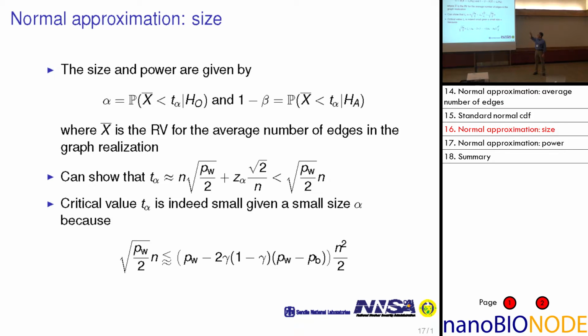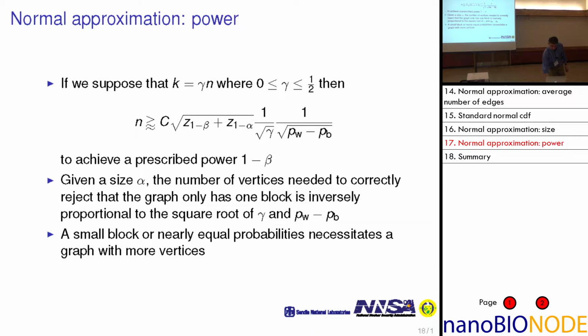How small does that mean have to be before I understand what the size is? This allows you to relate all that, and you can do the same thing for the power. The 1 minus beta then tells you the power of the test, when you can actually accept the result that somebody gave you. And you can do the same thing for the power pushed through the analysis.